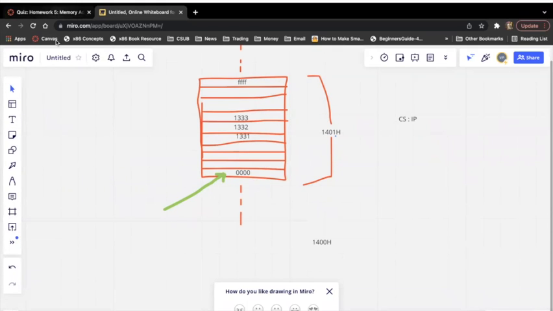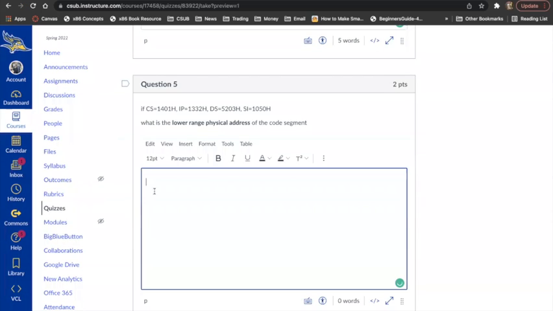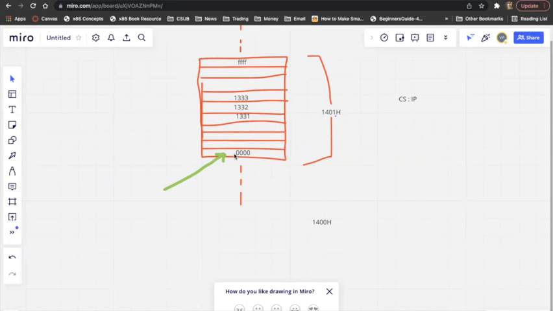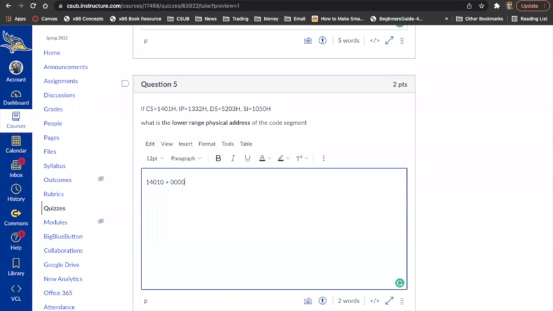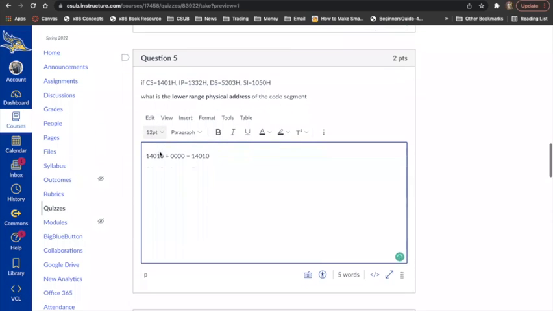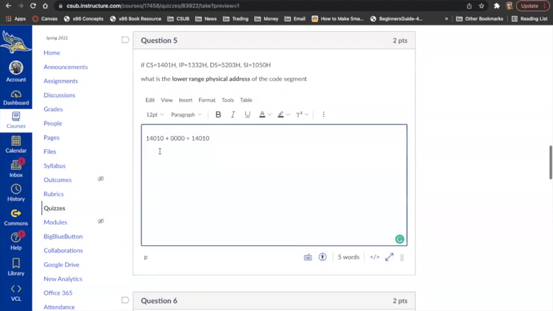So we can simply say the physical address will be 1401 and add a 0, plus the offset of the last block, lower range, 0000, which gives us 14010. So that'll be the physical address of the last block of the code segment.